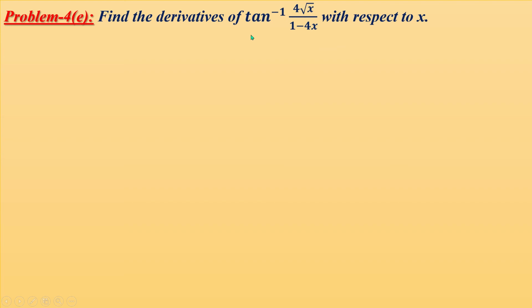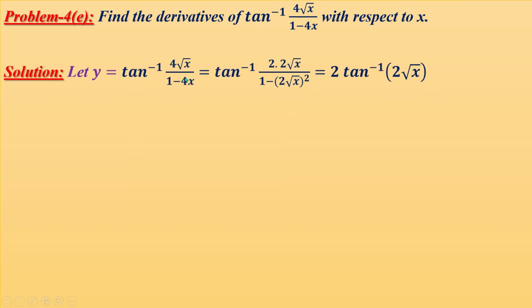Problem 4e, find the derivative of tan inverse of (4 root x divided by 1 minus 4x) with respect to x. Let y is equal to this, and we can write 2 into 2 root x divided by 1 minus (2 root x) whole square, because (2 root x) whole square is equal to 4x.